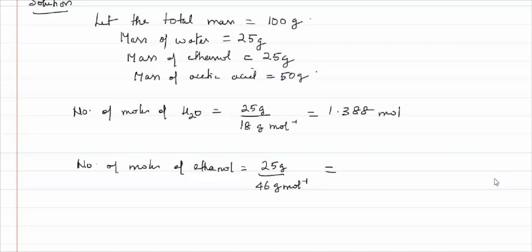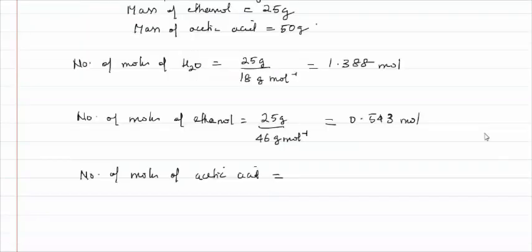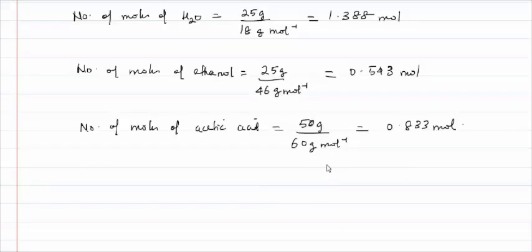So this is equal to 0.543 mole. Number of moles of acetic acid is equal to mass is 50 gram divided by molar mass is 60 grams per mole, which is equal to 0.833 mole.